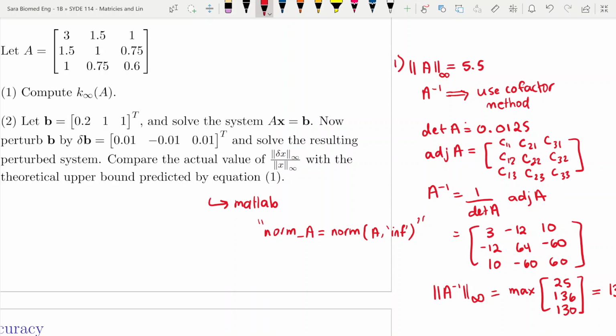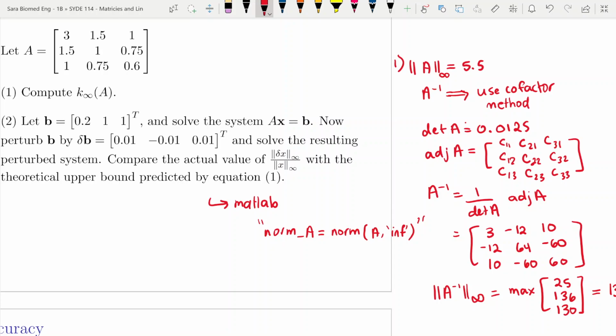So K1 is exactly what we did, right? We compute the norms individually and multiply them together. And K2 is a built-in MATLAB function called cond. You specify which matrix you want and the kind of norm you're going to use. Okay, good. Now let's go back to this.